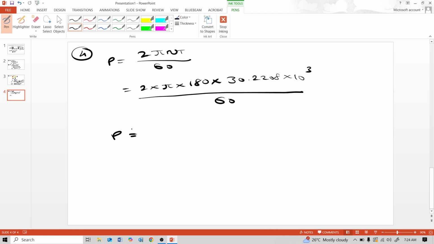P is equal to 2 pi into 180 rpm multiplied by 30.2208 into 10 raised to 3 Newton meter upon 60, which is 569.65 kilowatt.